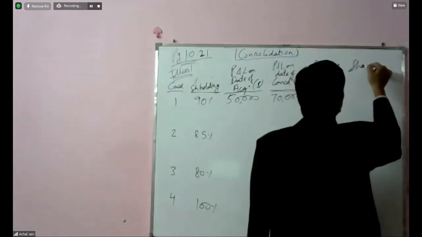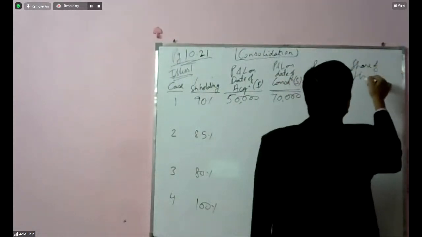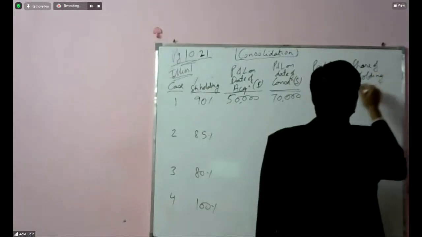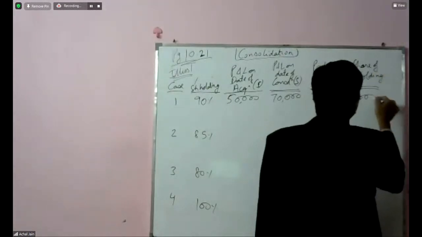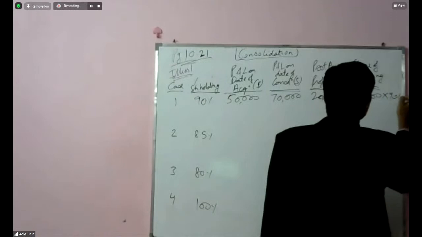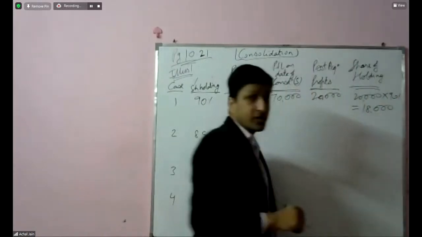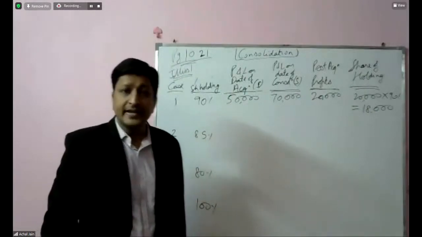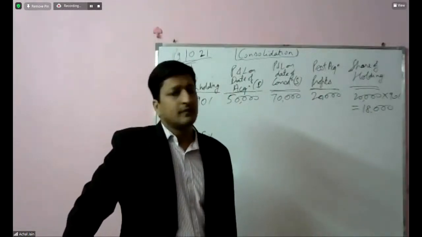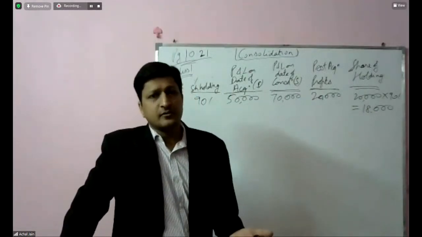Share of holding. That will be 20,000 into 90%. So this becomes 18,000. Clear? Simple and easy to do.